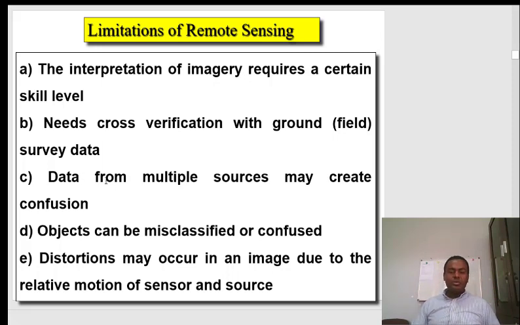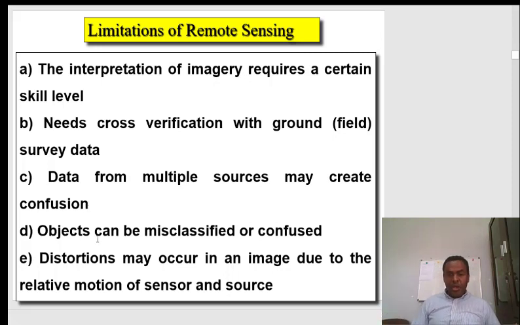Another issue is that data from multiple sources may create confusion. So you need to be very skillful to be able to extract information from multiple sources of remote sensing.